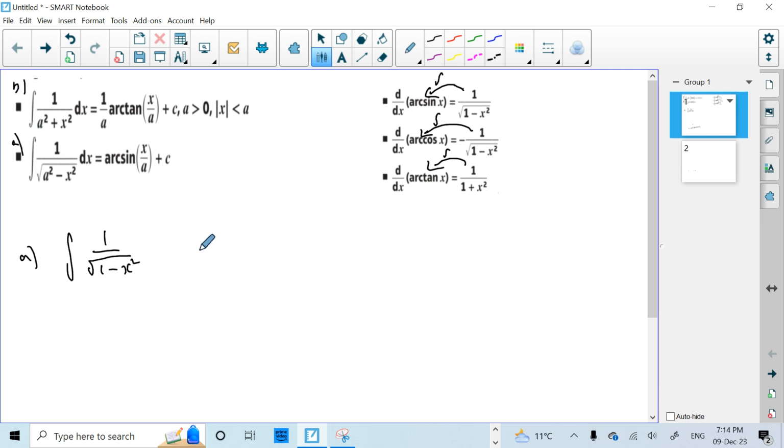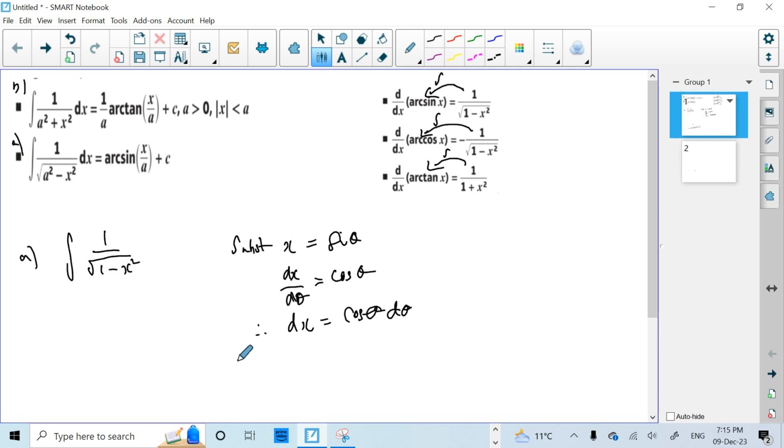Okay, so that's A, 1 over the root of 1 minus x squared, and so let's substitute. Sorry, I apologize. x is equal to sine theta. And then of course dx d theta is equal to cos theta, and therefore dx will be equal to cos theta d theta.